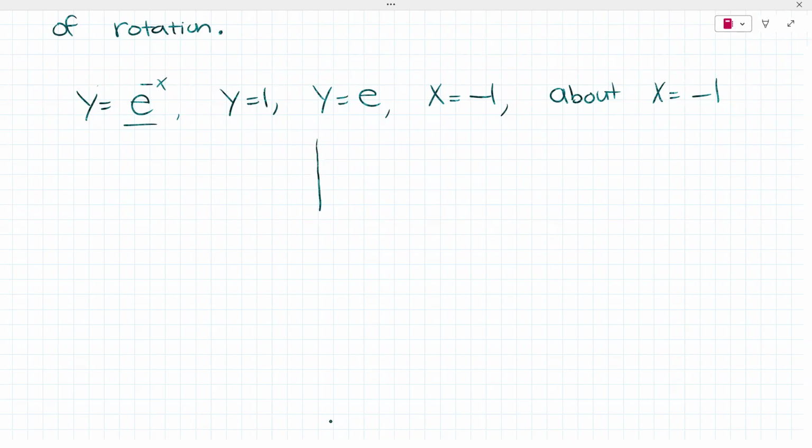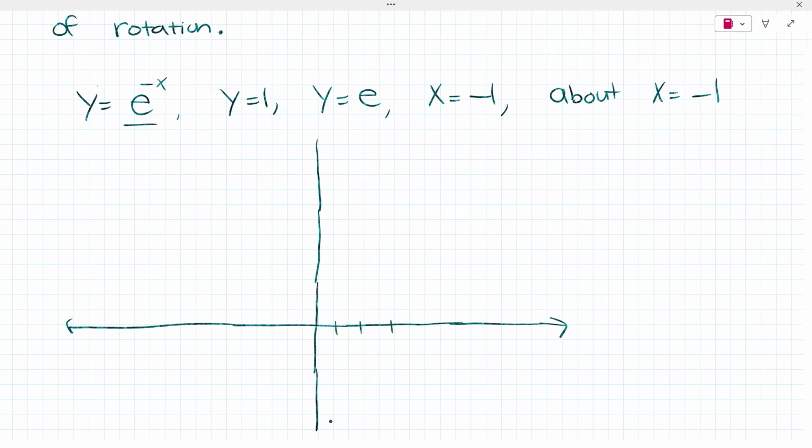So let's kind of draw it out. y equals e is a horizontal line. e is about 2.7, so let's pretend this is e.